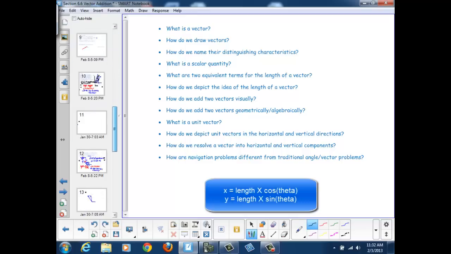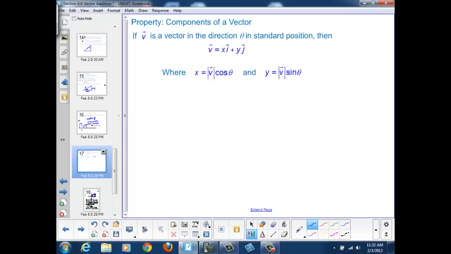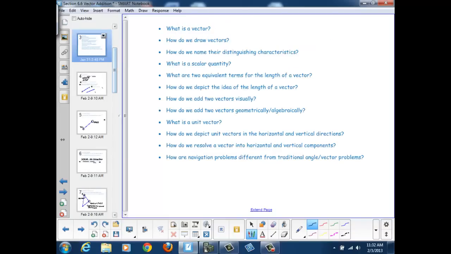Well, we use the formulas that we've determined, where the horizontal component is the magnitude times the cosine of theta, and the vertical component is the magnitude times the sine of theta. Finally, how are navigation problems different from traditional angle or vector problems? Well, the difference is in how we describe the direction. Instead of using 0 degrees along the horizontal and moving counterclockwise, we use 0 degrees as due north and move clockwise around the circle.